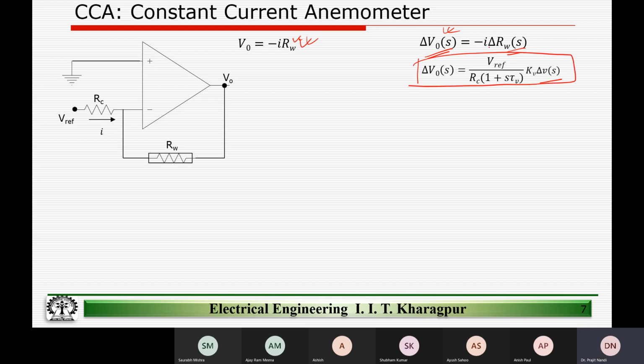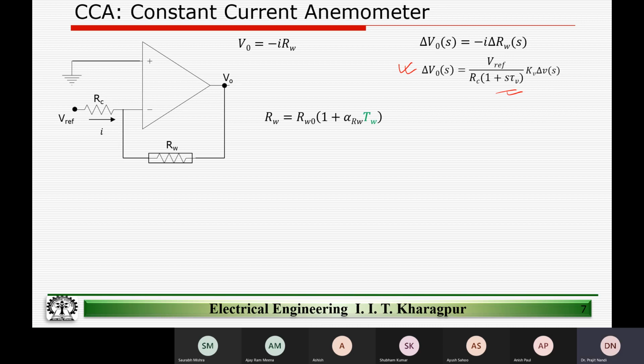I've just replaced whatever I had in the previous block diagram, the transfer function delta RW as a function of the velocity. So this is small v, my velocity. That means I now get an electronic system whose output voltage is a function of the input velocity of the fluid, and of course there is a time constant associated with it, right?